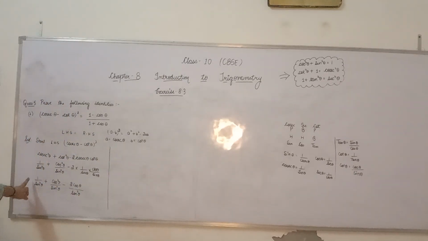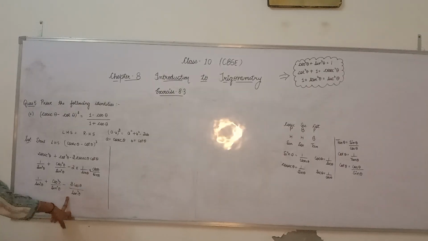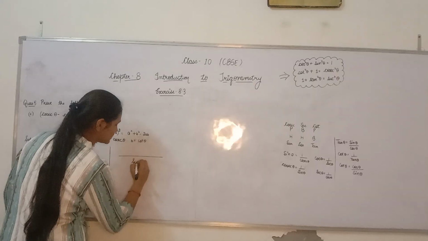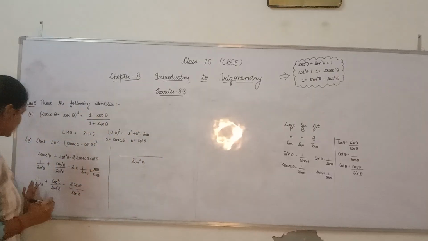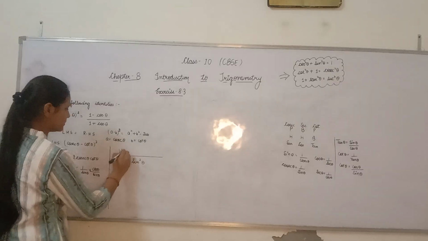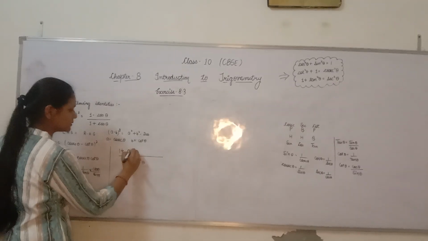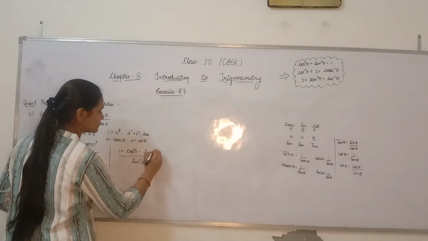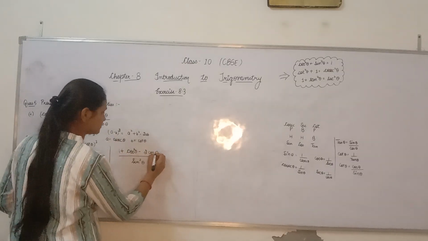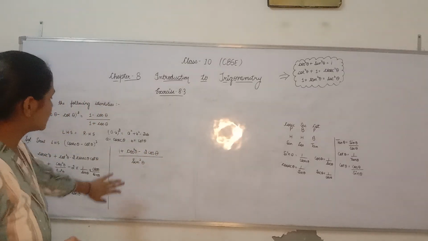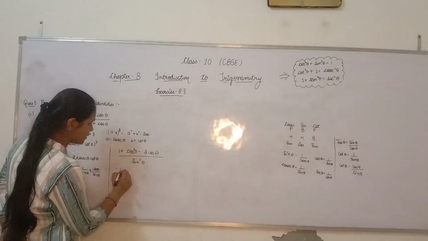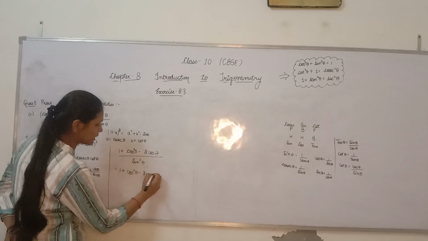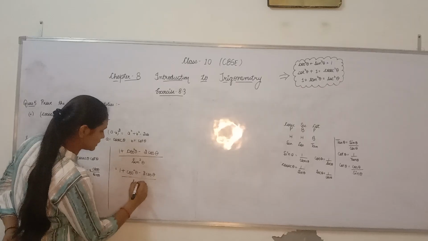In all the denominators we have sin square theta, so we will take the LCM. Here it should be sin square theta and add these terms, that is 1 plus cos square theta minus 2 cos theta. So in the numerator we have 1 plus cos square theta minus 2 cos theta upon sin square theta.